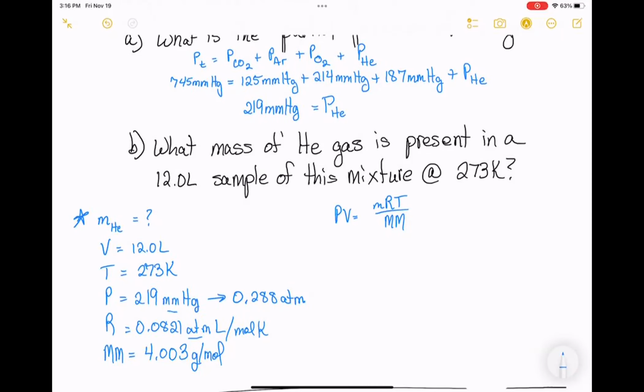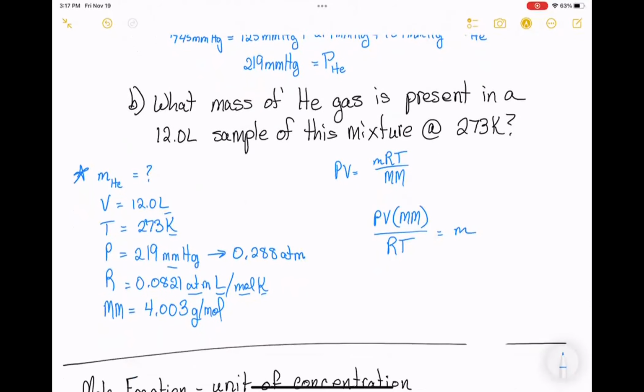My volume is in liters, so that's okay. My quantity is moles, and my temperature is in Kelvin, so I'm good. Now I'm going to rearrange this equation to solve for mass, and it comes out as PV times the molar mass over RT is equal to the mass.